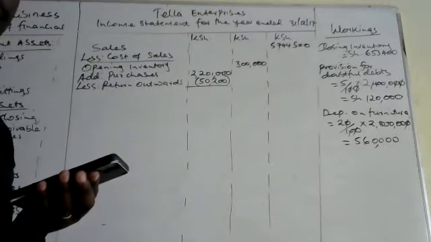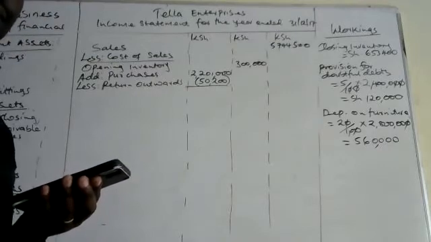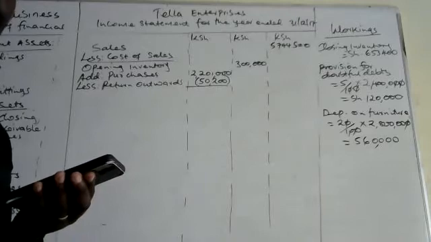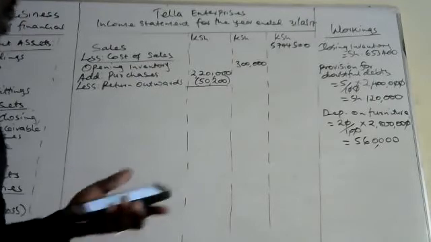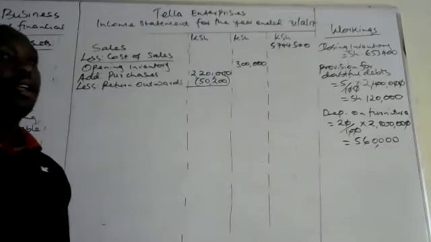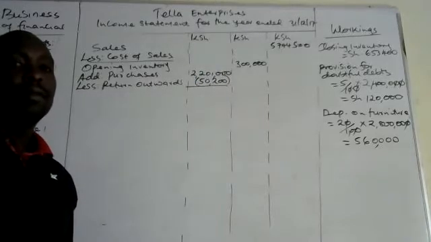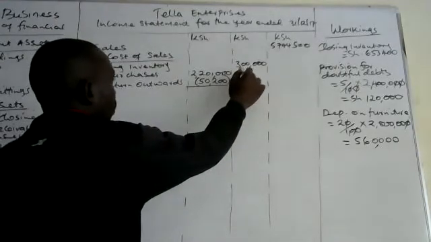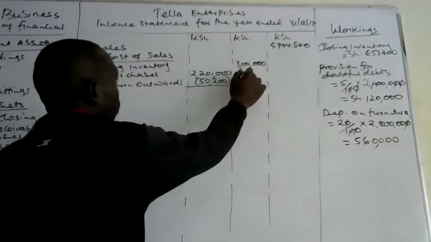Somebody? Nobody has an answer? We are getting the difference between these two, the purchases and what was returned. 2,195,800.